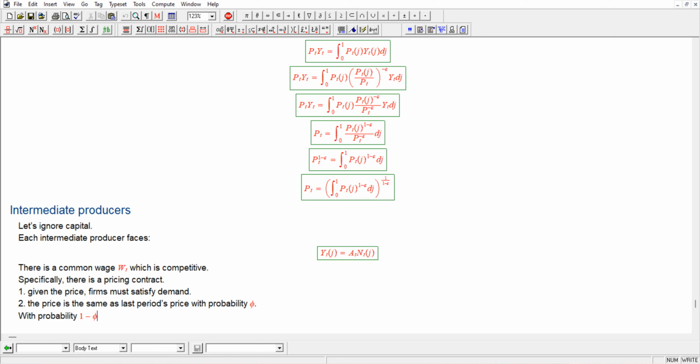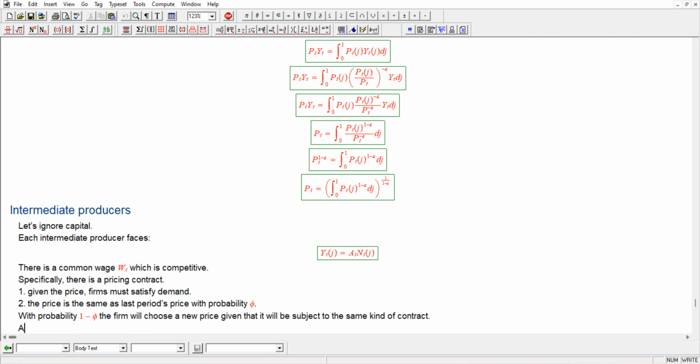In other words, the firm chooses a price, it commits to meet demand at that price for the duration of the contract, and the contract ends with probability phi each period.